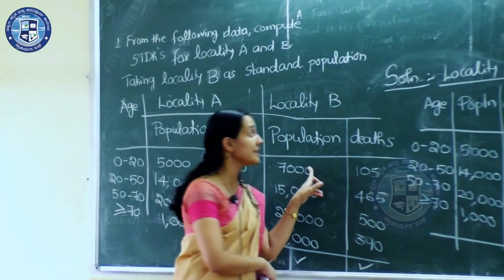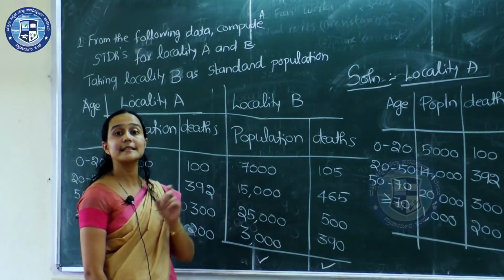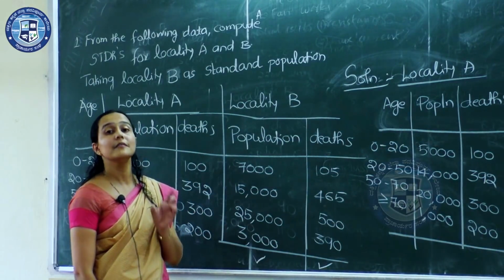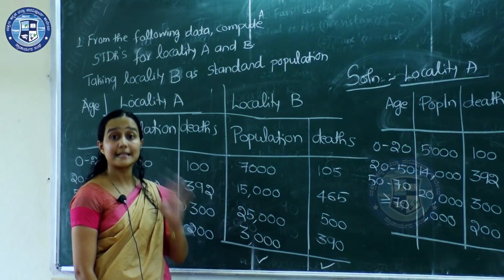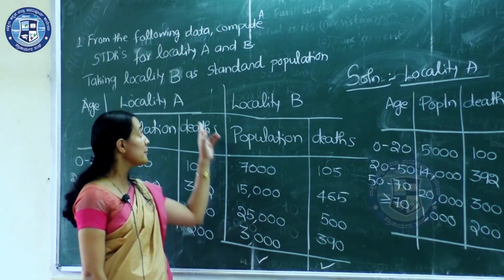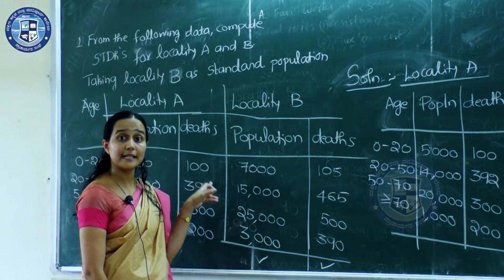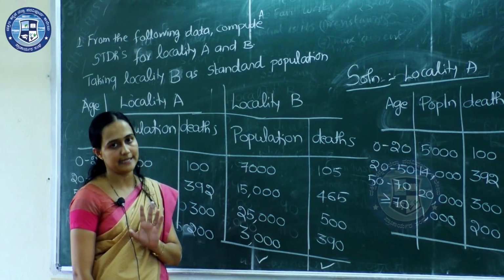Here, in the second type of problem, one population is given as a standard population. For the population taken as standard, no need to compute STDR or age specific death rate. Suppose locality A itself is the standard population, means locality A's STDR is same as CDR.